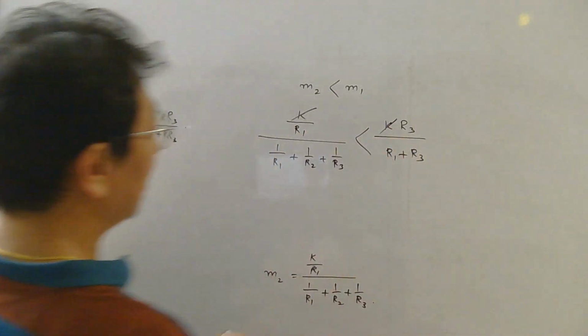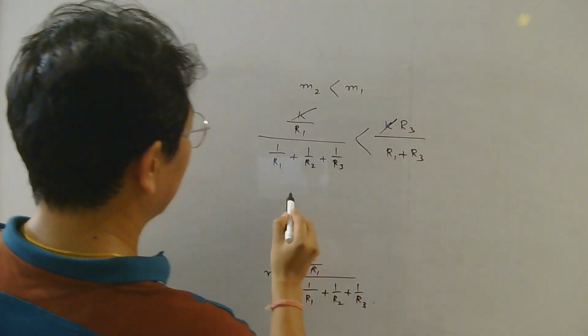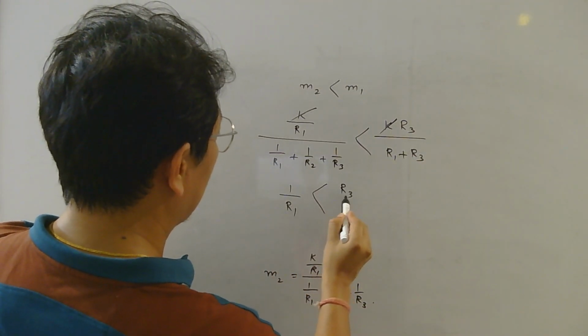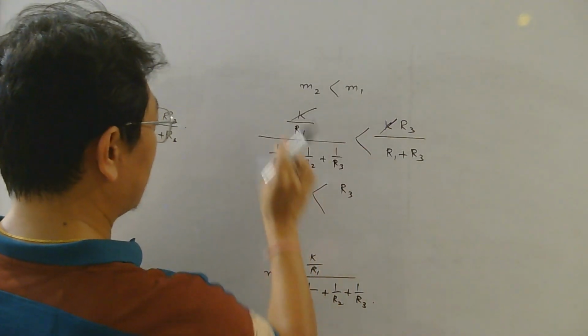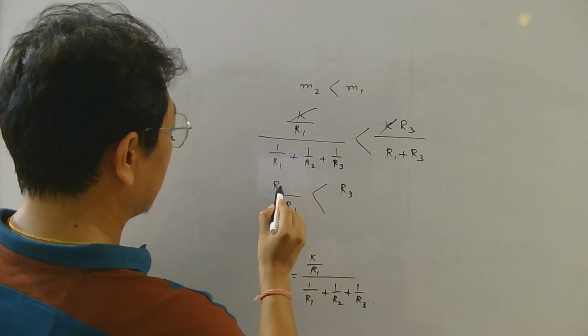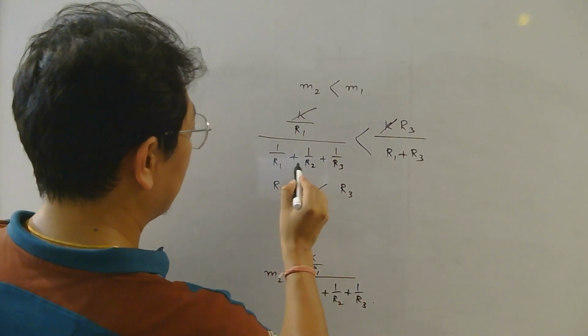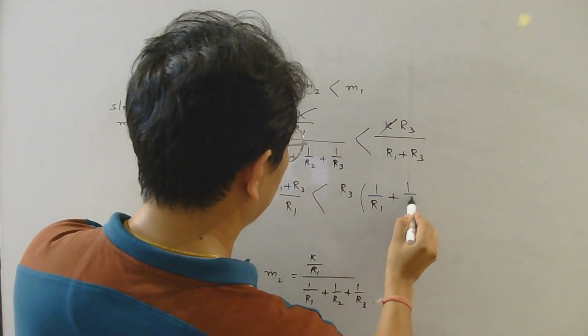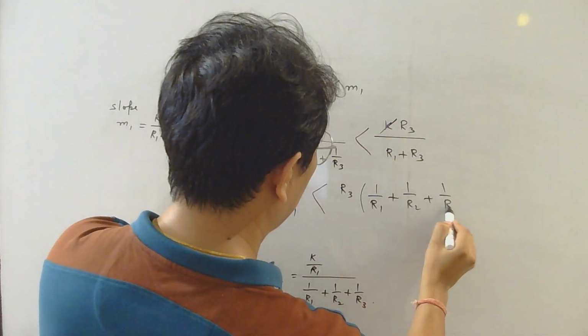K I can cancel. Then let me cross multiply this. So it will be 1 by R1 less than R3. Let me bring R1 plus R3 this side, and this one I cross multiply: 1 by R1 plus 1 by R2 plus 1 by R3.